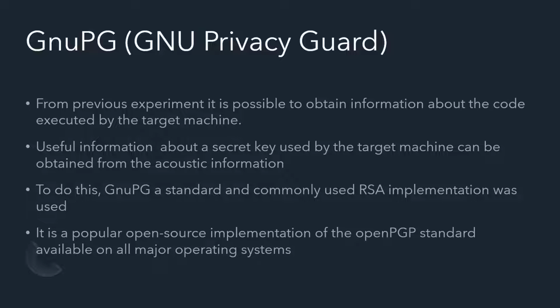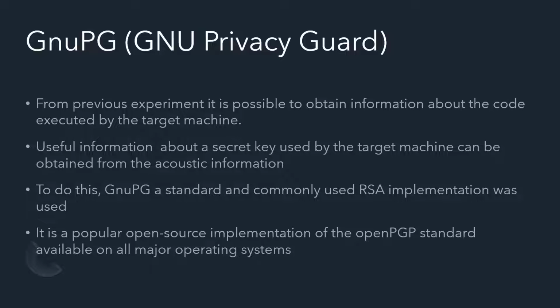From a previous experiment, they saw that it was possible to obtain information about the code executed by the target machine. The target machine is the machine that is actually running the software that is encrypting or decrypting the code.